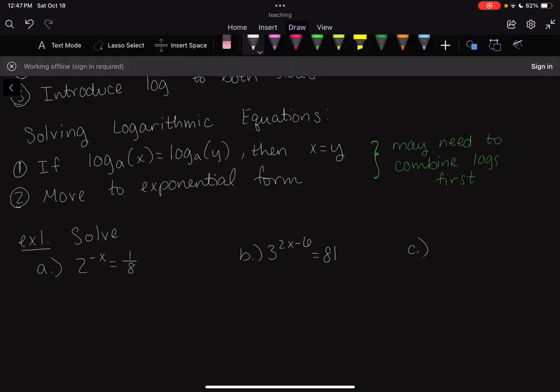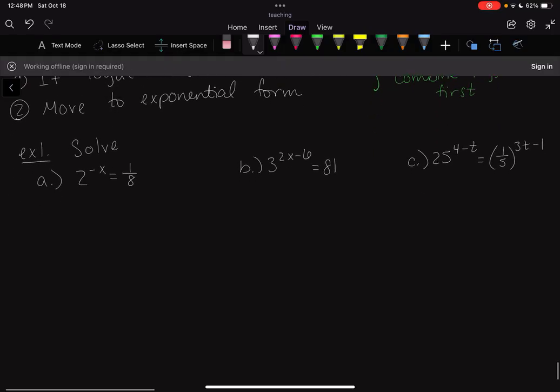C, we do 25 to the 4 minus t is equal to 1 over 5 to the 3t minus 1. And I have one more as well, but I don't want to run out of space.